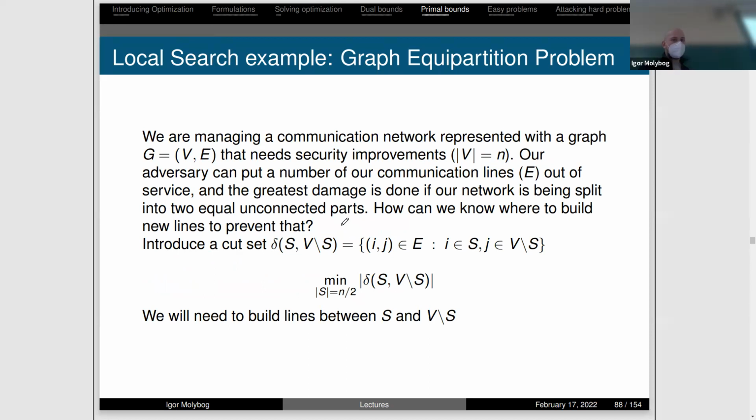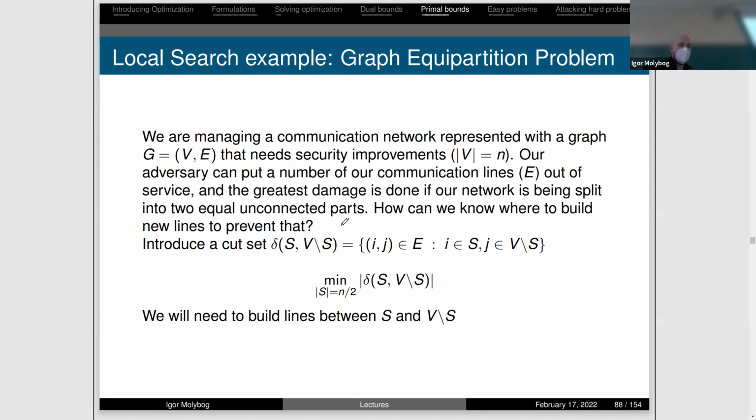Let's say that we are managing a communication network represented with a graph, a specific graph, that needs security improvements. n nodes. Our adversary can put a number of communication lines out of service, and the greatest damage is done if our network is being split into two equal unconnected parts.